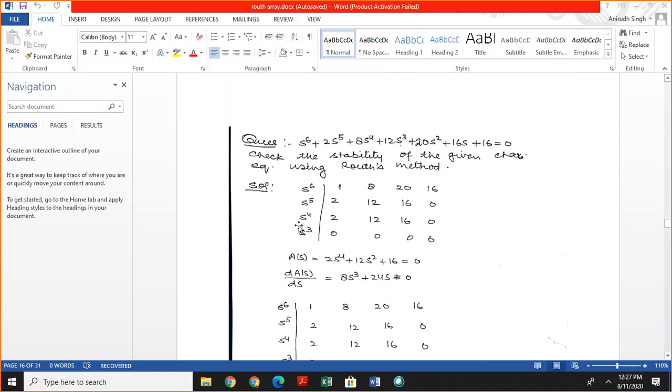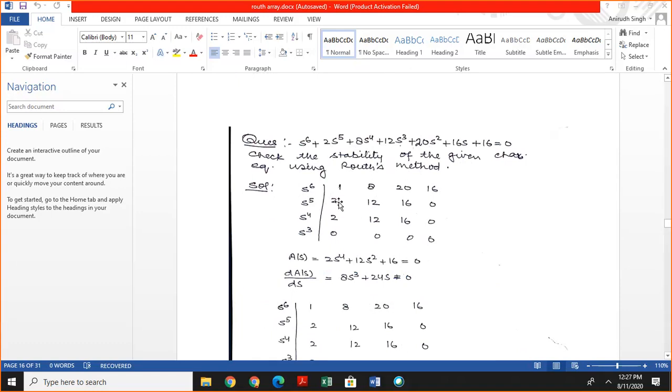S4, coefficient of S4 is calculated by multiplying 2 to 8, 16 minus 12 divided by 2 is 2. Similarly, this coefficient is 2 multiplied by 12 minus 16 divided by 2.